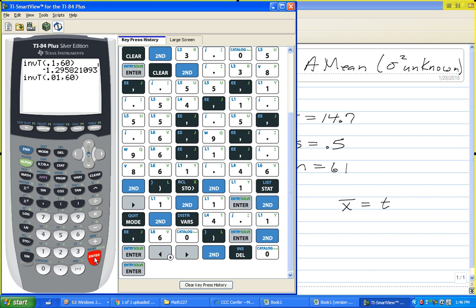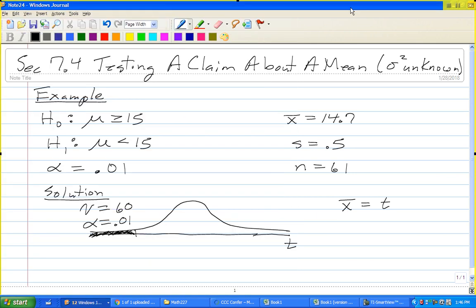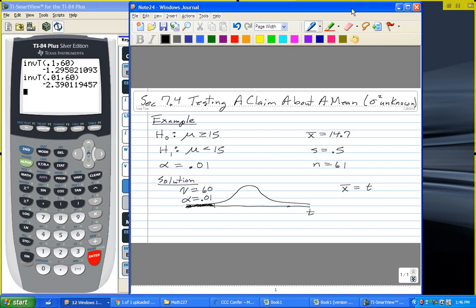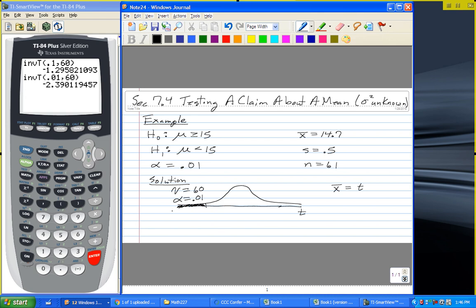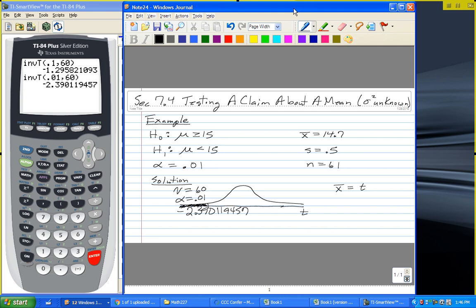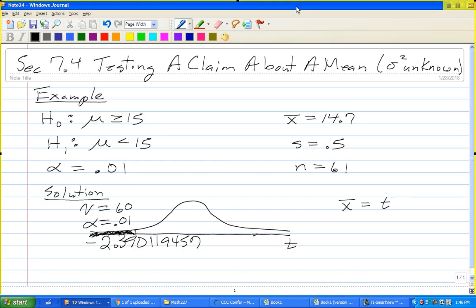You could also look this up in your table in the back of the book, and you'll get the same answer. But we've done those before, so I'll just do it on the calculator. And so I get a negative 2.390, which is what you get in the table, 119457. So that is my critical value. There it is finally.